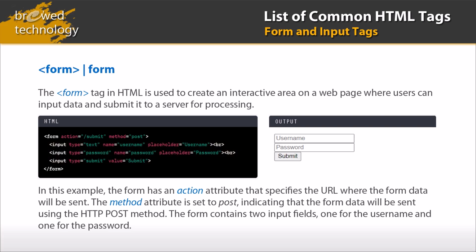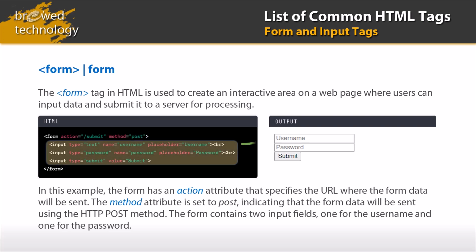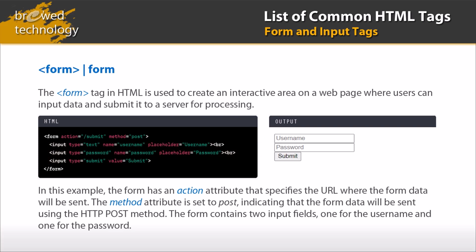The form tag has an action attribute that specifies the URL where the form data will be sent. The method attribute is set to post, indicating that the form data will be sent using the HTTP post method. In this example, the form tag contains 3 input fields. We will learn about the input tag later. For now, know that a form tag is used to enclose tags used for user interaction.